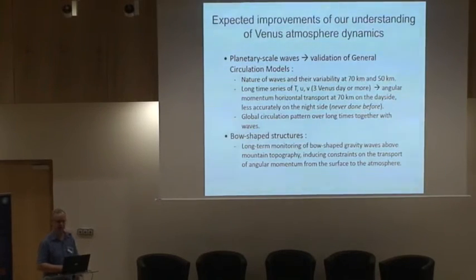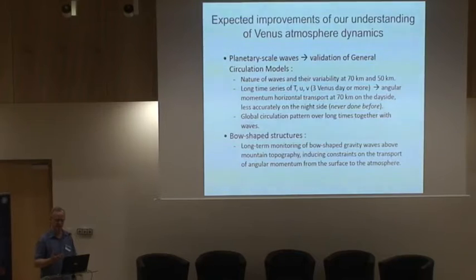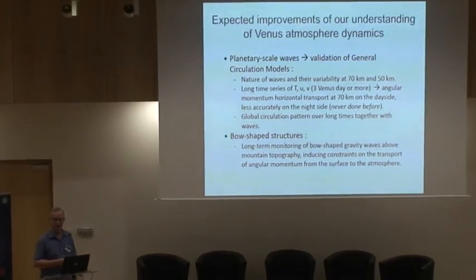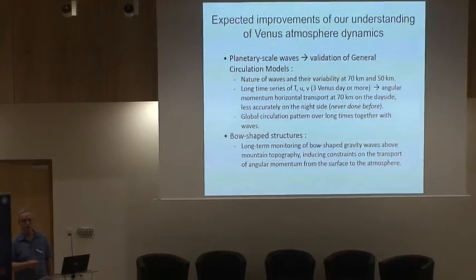Scientifically, it's very exciting because the Venus atmosphere is not well modeled. As you have seen, the GCM doesn't properly represent the wave activity in the Venus atmosphere. And the wave activity is crucial. Why? Because the atmosphere of Venus is in a state of superrotation.